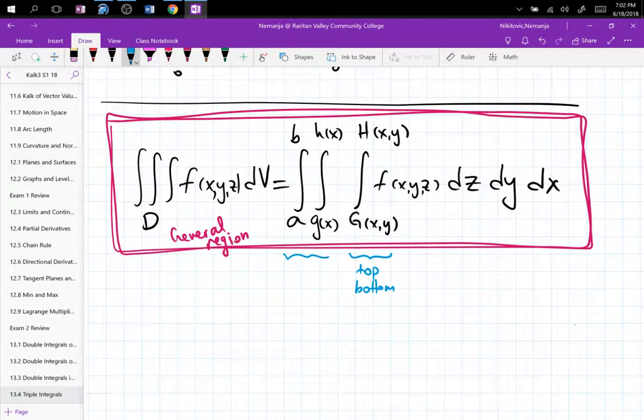So this over here is actually region R from double integrals.